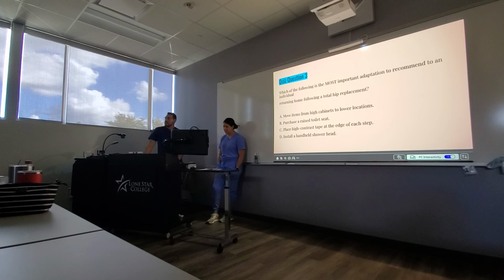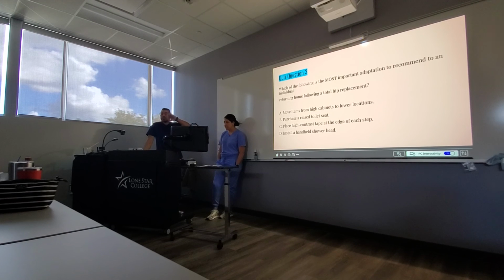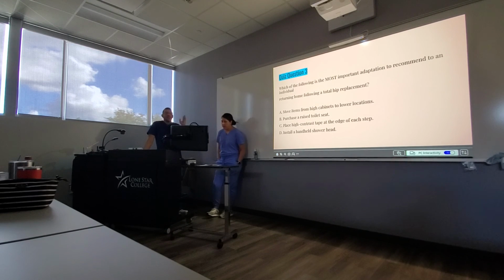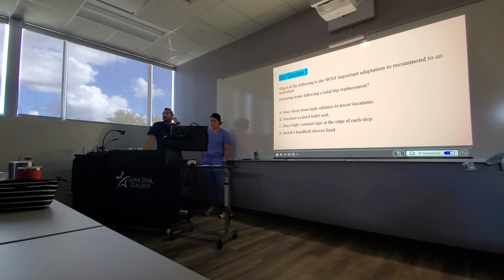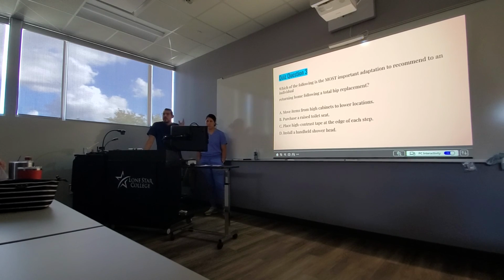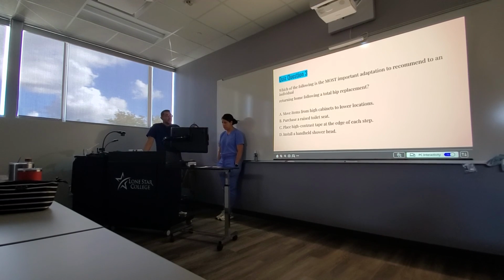They can't bend their knees, so you gotta have it raised. Would D also work? Well, I think it's just referring to the most important. They're all technically important, but what's the best choice? There's more than one right answer. But if you're going home, we all talked about having your independence. You don't want anyone helping you use the restroom, you wanna make sure that's something you can do on your own. That would be the best choice.